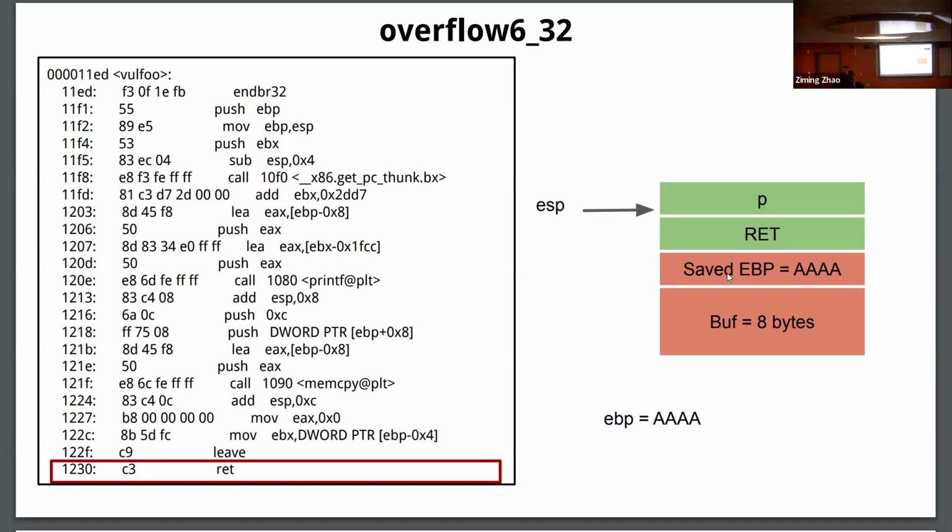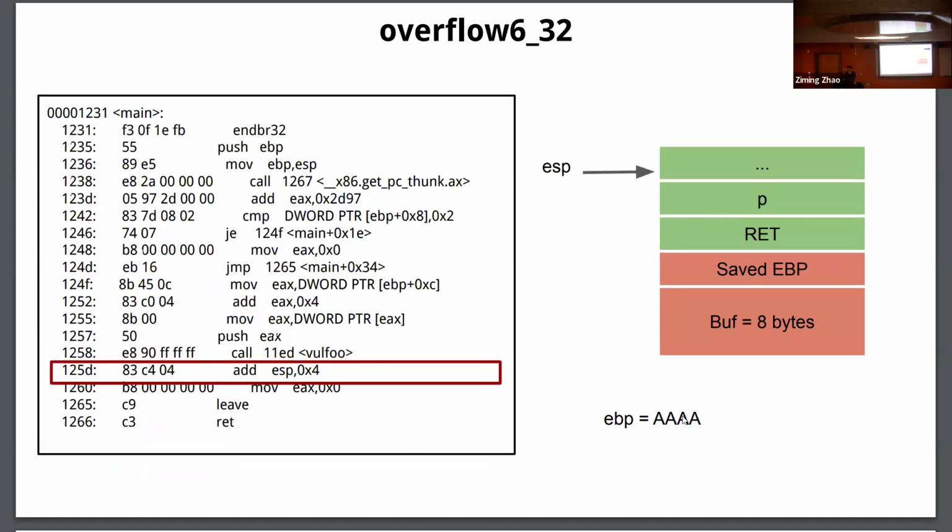However, the EBP's value will not be the original EBP value. Now it will be 4 A's. Then we will go back to the instruction right after the call Overflow instruction.